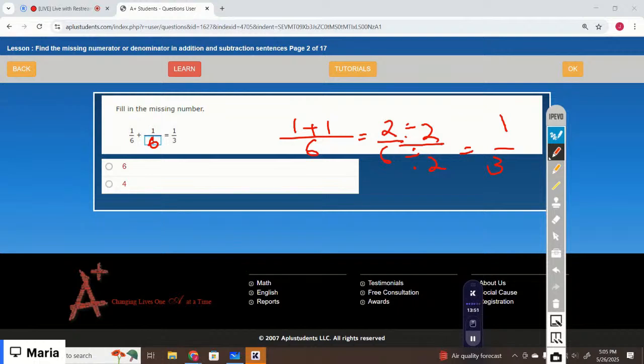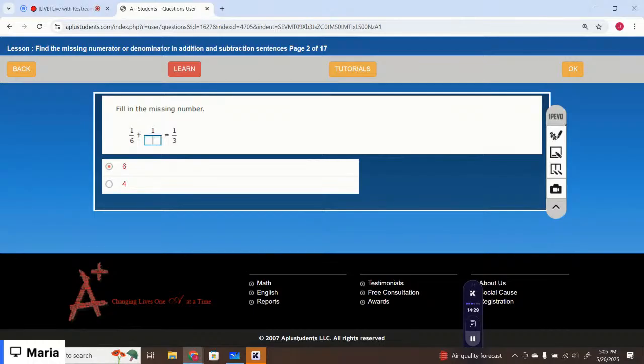So the missing number is 1 over 6. So the missing value is 6. Let's just start with the next one.